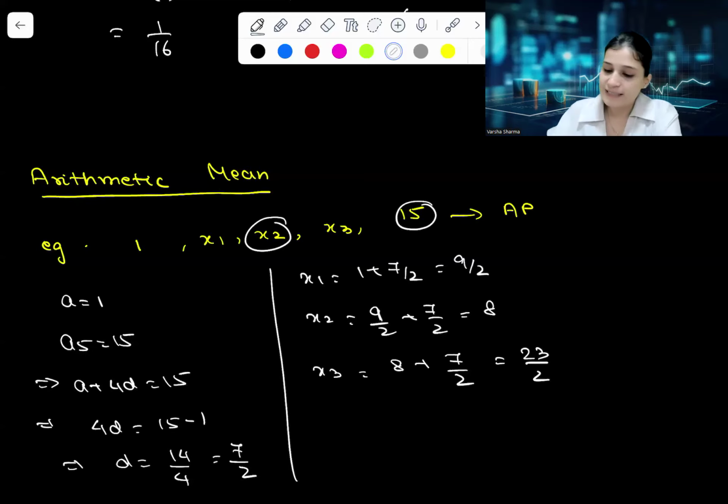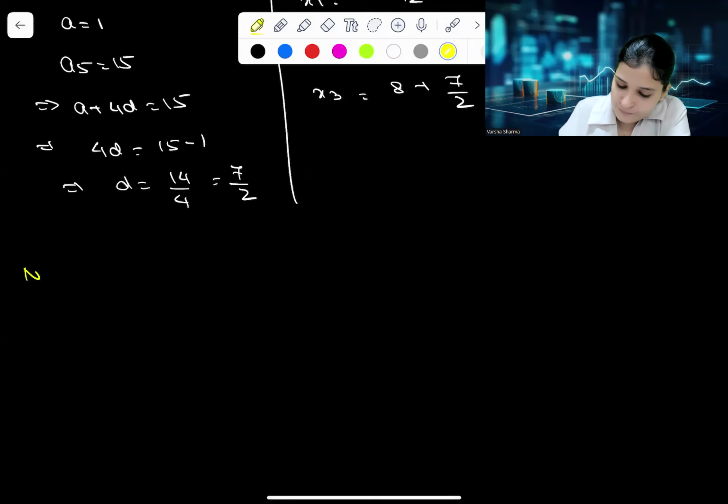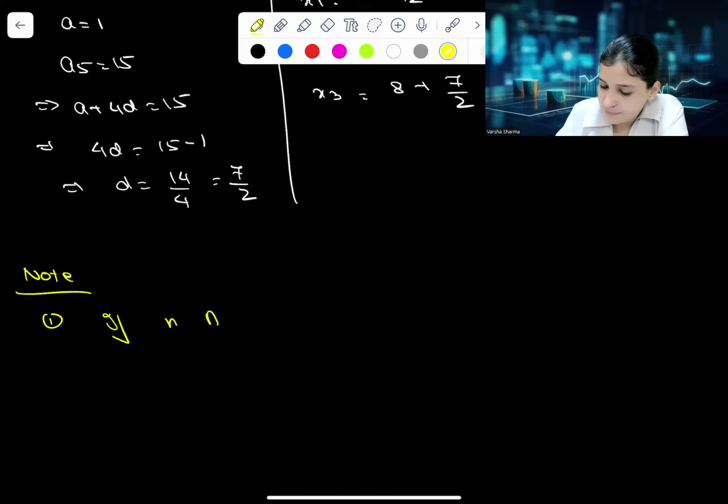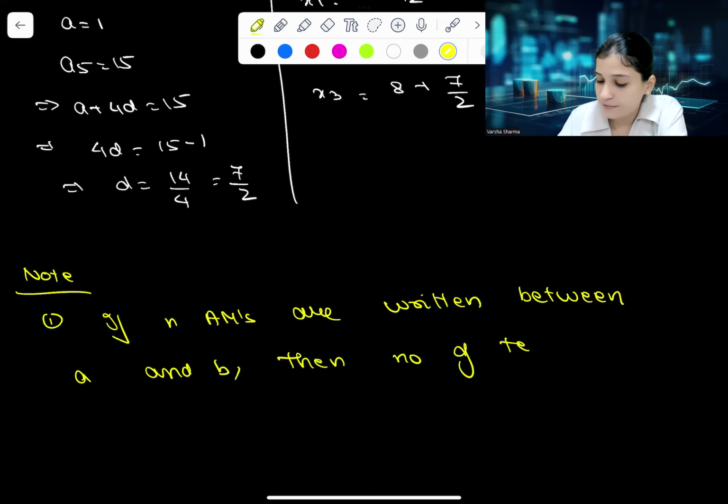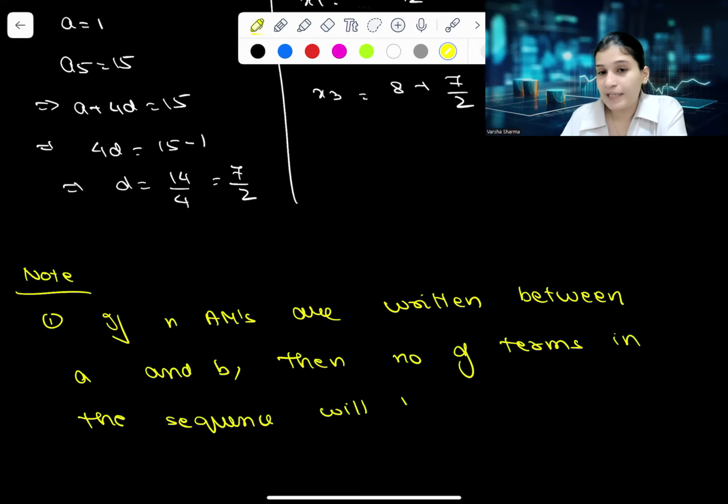Agree? So if n arithmetic means are written between A and B, then the number of terms in the sequence will be how many?